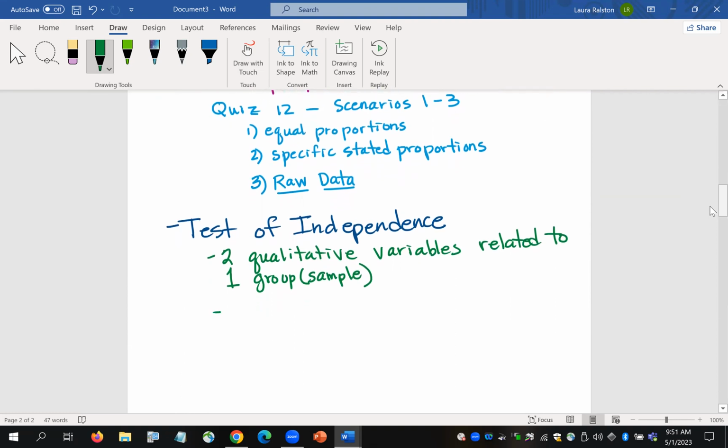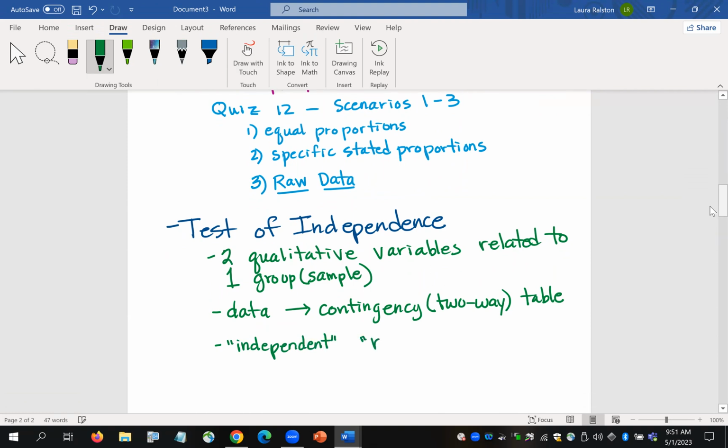Typically with test of independence, the data is presented in a contingency or a two-way table. And you're going to see words like maybe independent. It could be dependent. Related to.